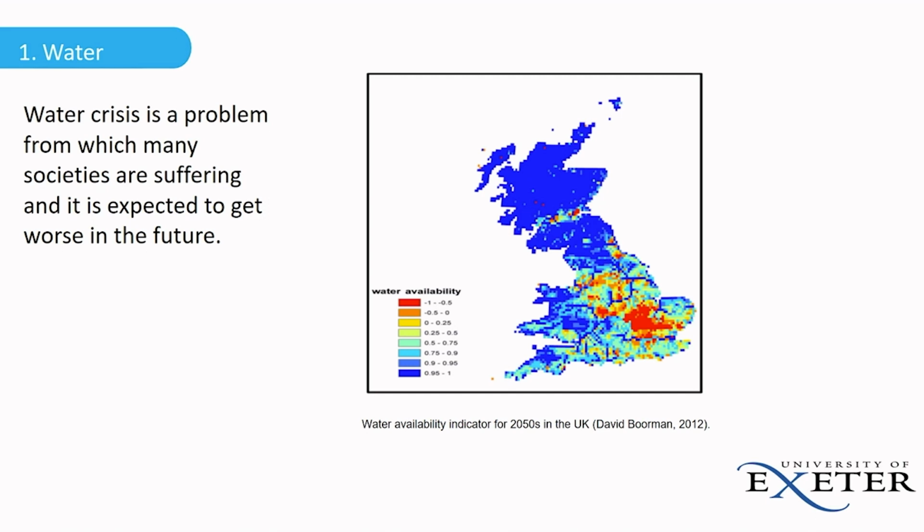You will be surprised to know that even countries that are currently rich in terms of water will face water shortage in future. That's why we are seeking new technologies in engineering to overcome this problem.